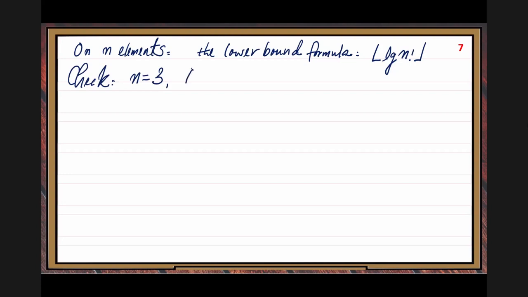Now let's look at it. Floor function log base 2, 3 factorial. Oh, sorry. Not floor function, ceiling function. Yeah, because when I use 3, I notice, ceiling function, not floor function.